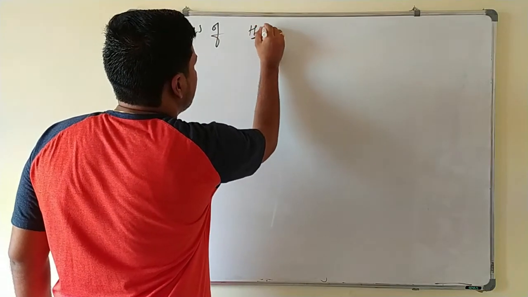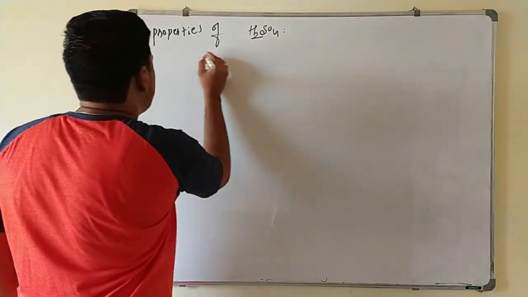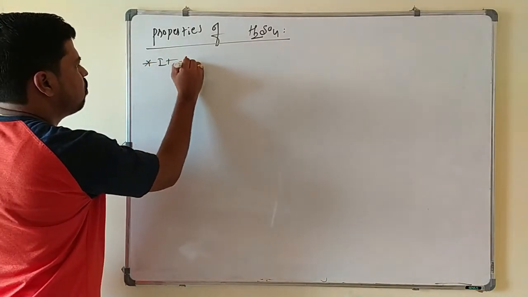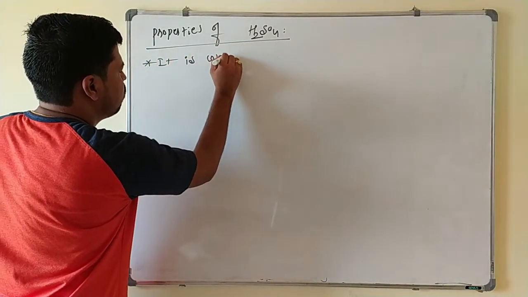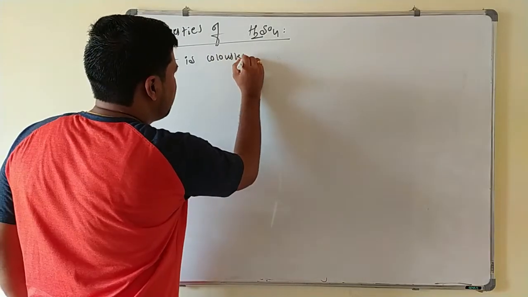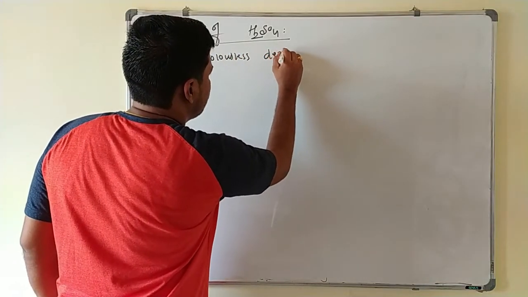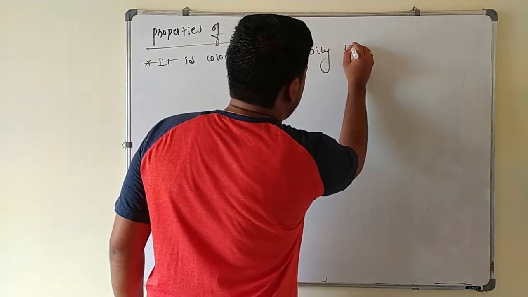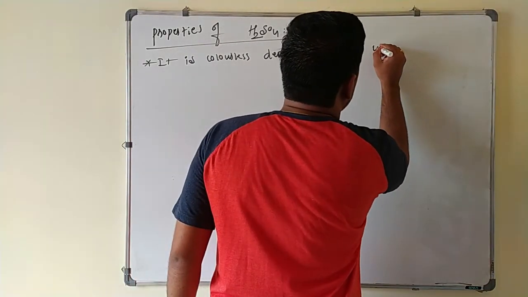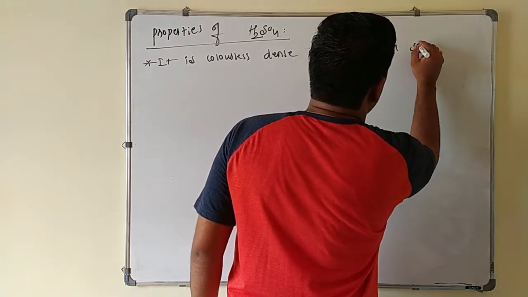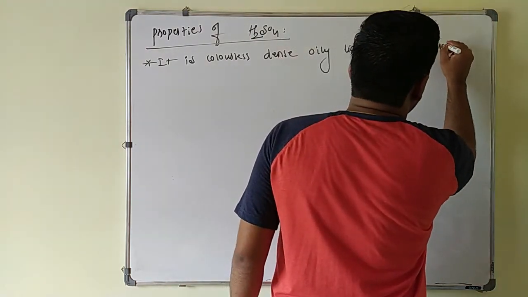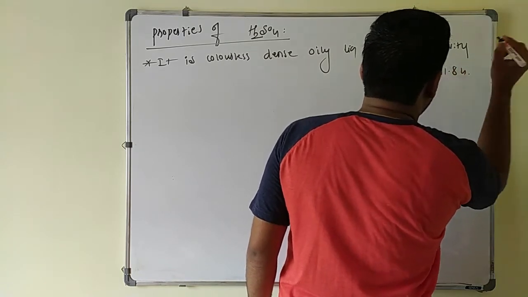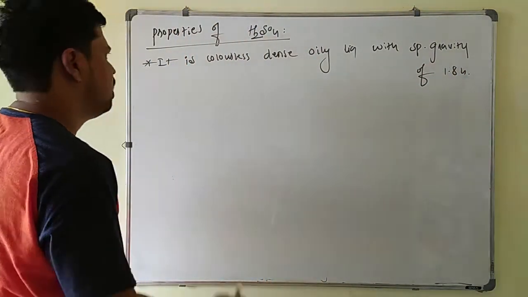Properties of H2SO4. The first point is it is a colorless, dense, oily liquid with a specific gravity of 1.84.